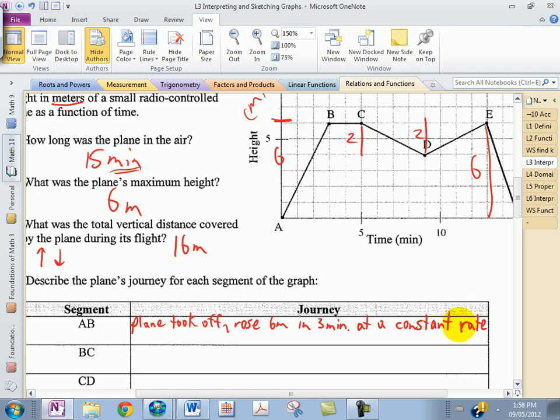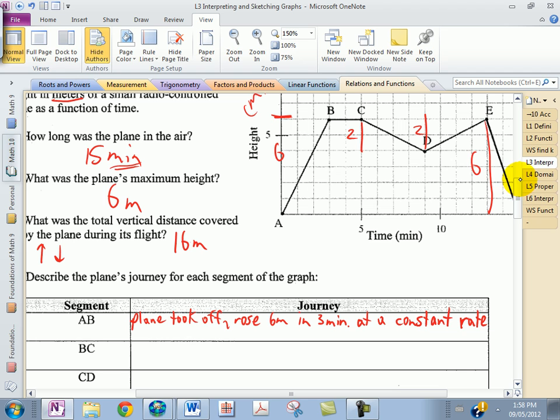Next year you look at the change of rate. And once you get into that, then you start getting into a bit of calculus. Okay. Well, B to C, what happened? Did the plane, your first question, did the plane move at all? Yeah. It totally moved. Planes have to, otherwise they fall from the sky. But what happened?